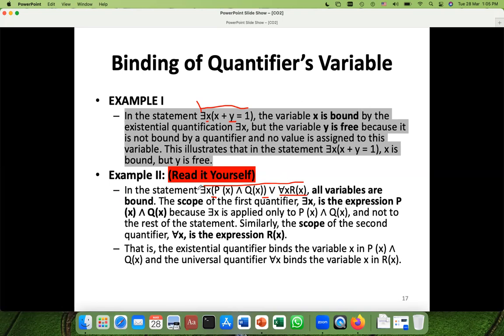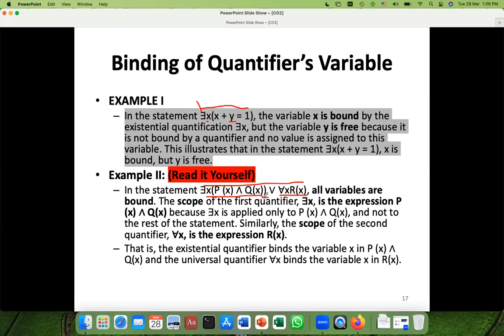So this there exists is used with x, and x is here and x is here, but from the starting and ending parenthesis we know that this quantifier has a scope only in this part of the equation.